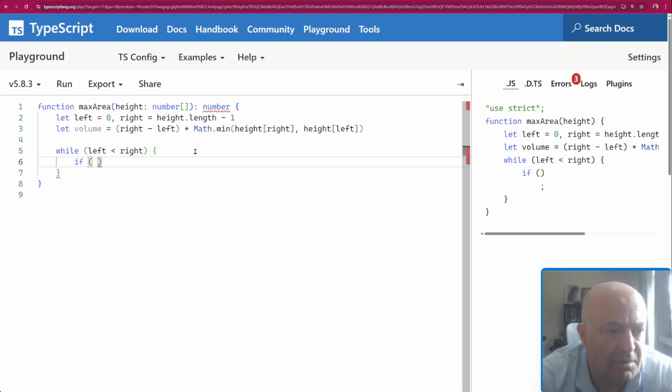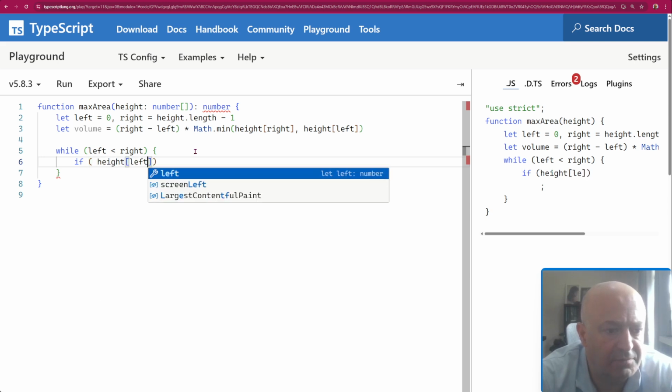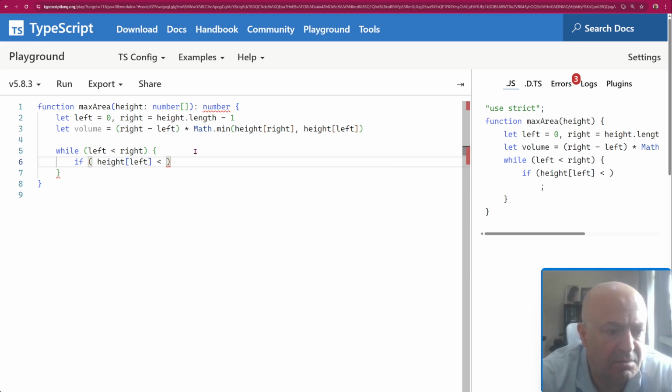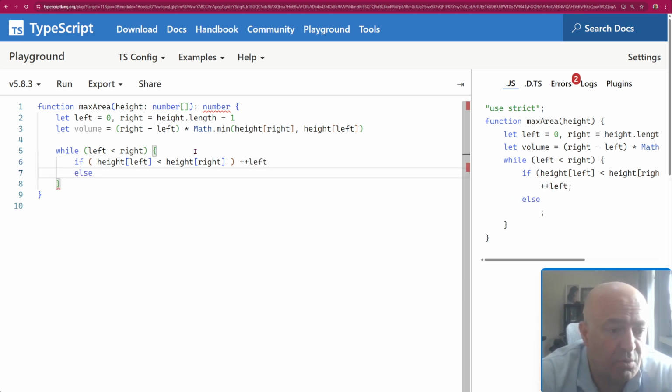If height of left is less than height of right, that means the left wall is strictly lower. So we should do plus left. Otherwise, it means the right wall is not higher, definitely. It could be the same as left, but at least it's not higher. So that gives us the opportunity to reduce right. So move right inwards to the left.